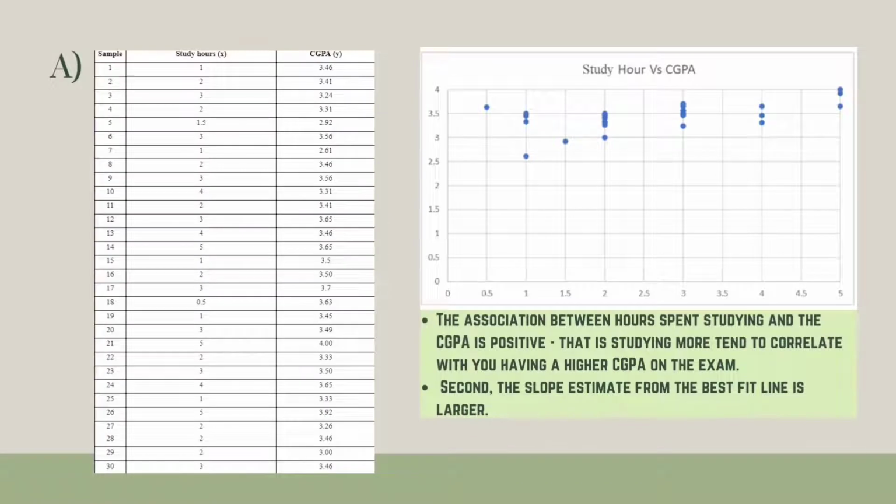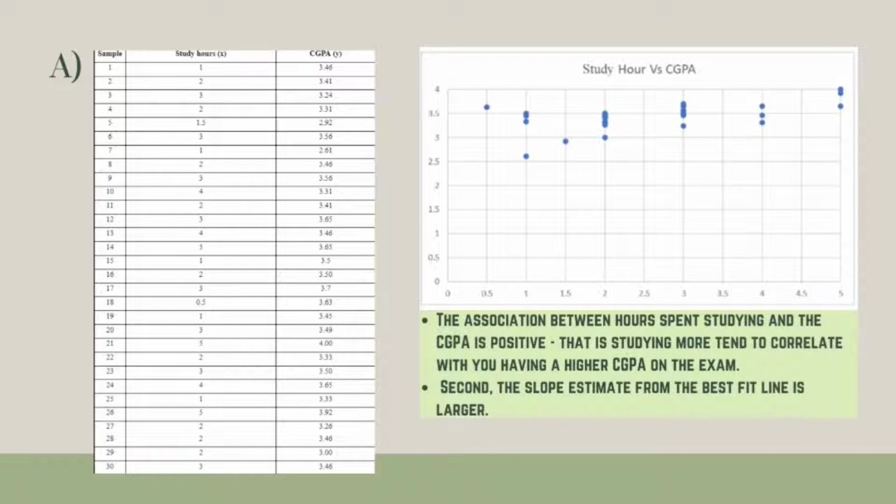For question A, based on the question, we have made a table of the relationship between students' study hours and their grade achievement in the last semester CGPA. The table was based off the Google Form questionnaire that we spread through WhatsApp for UTHM students. After that, we sketch a scatter plot using the data from the table.